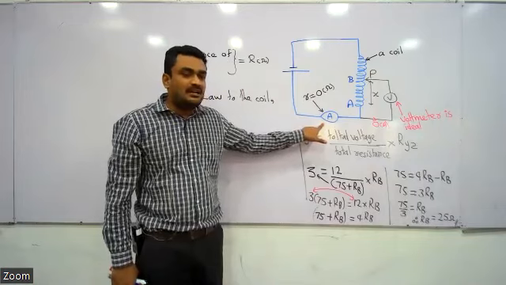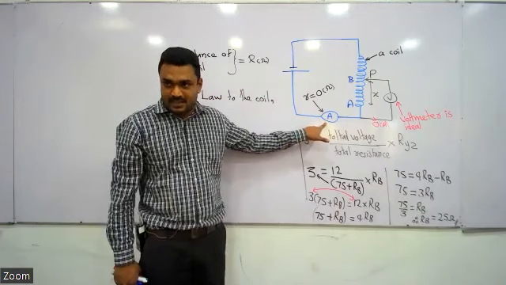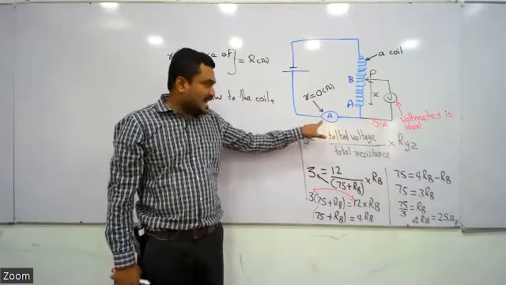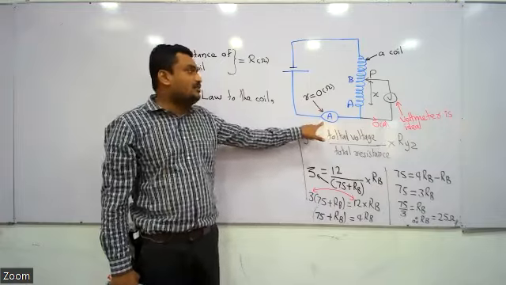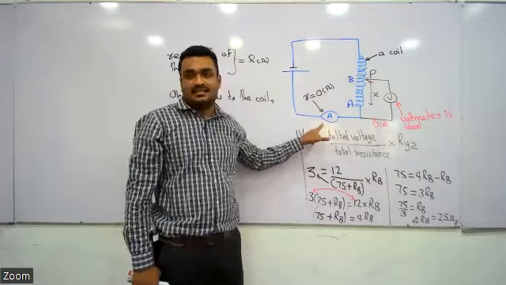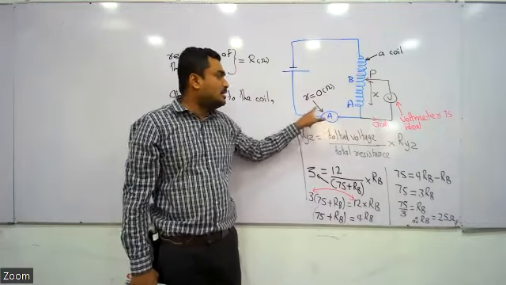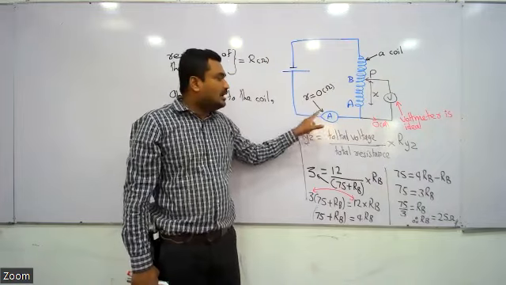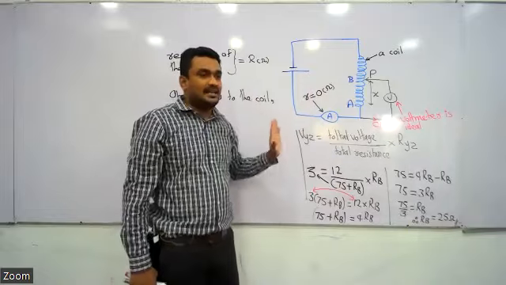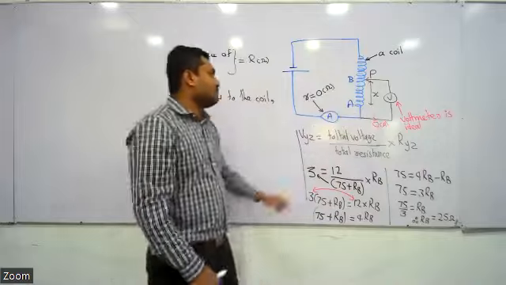Ammeter is not ideal means the resistance of the ammeter is not 0. Can you understand? If the ammeter is not ideal, it has a resistance. Then we have to apply Kirchhoff's law. So when we discuss more past paper questions, we will find questions where the ammeter is not ideal. Here the ammeter is ideal. Therefore, we can directly apply Ohm's law to the coil.